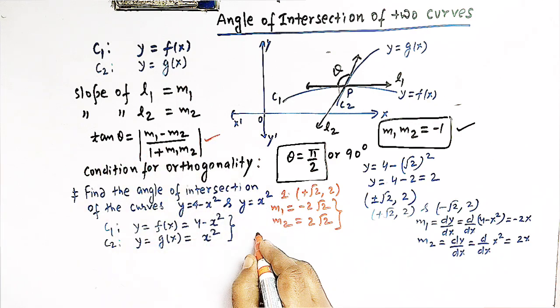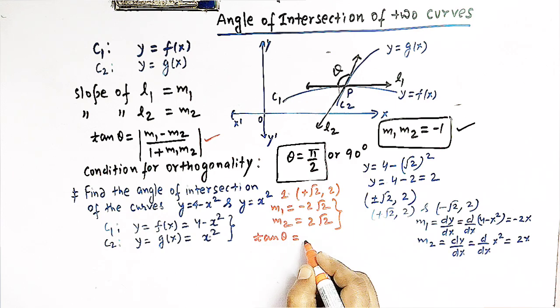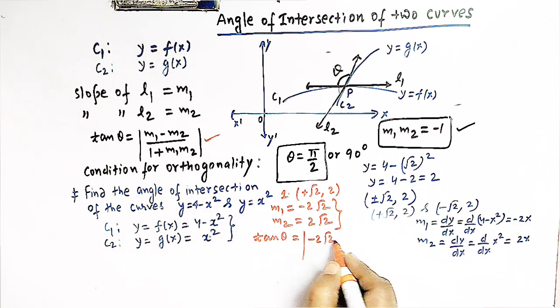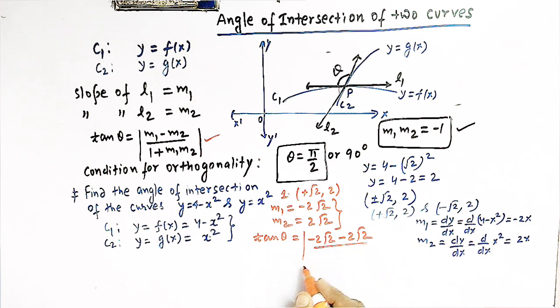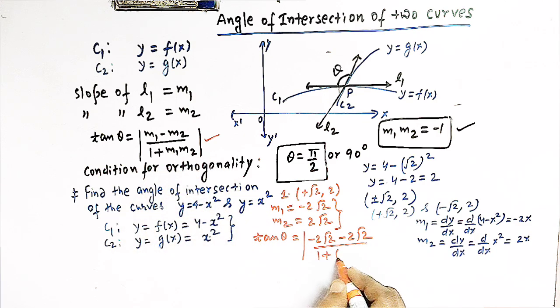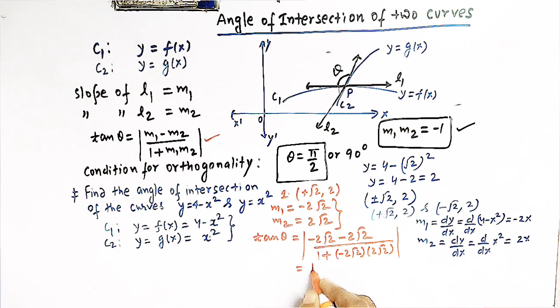So the angle between the two curves is given by tan θ is mod of (m1 − m2) divided by (1 + m1 × m2). So we have −2 root 2 minus 2 root 2 in the numerator, that is −4 root 2, and here we have 1 plus −2 root 2 times 2 root 2.